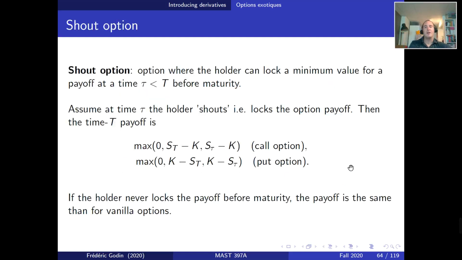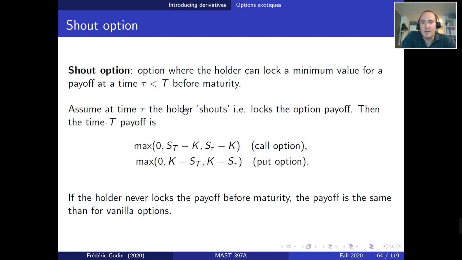We have shout options also. So what's a shout option? It's an option where the holder can lock, we either say lock or shout, the minimum value for a payoff at some time tau. Again, tau is elected by the option buyer, tau before maturity.